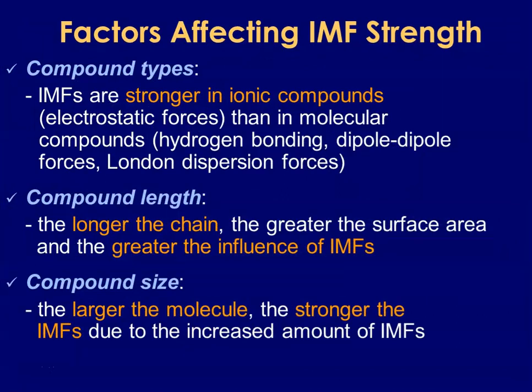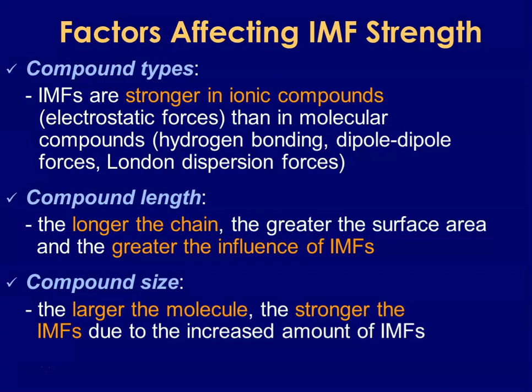So some factors that affect the strength of your intermolecular forces. The first one is the type of compound. As we just talked about, your ionic compounds have stronger intermolecular forces because of those electrostatic forces, the permanent ions that form from the electrons being transferred, as opposed to your molecular compounds, which could have London dispersion, dipole-dipole, or hydrogen bonding. The length of the compound will also play a role.